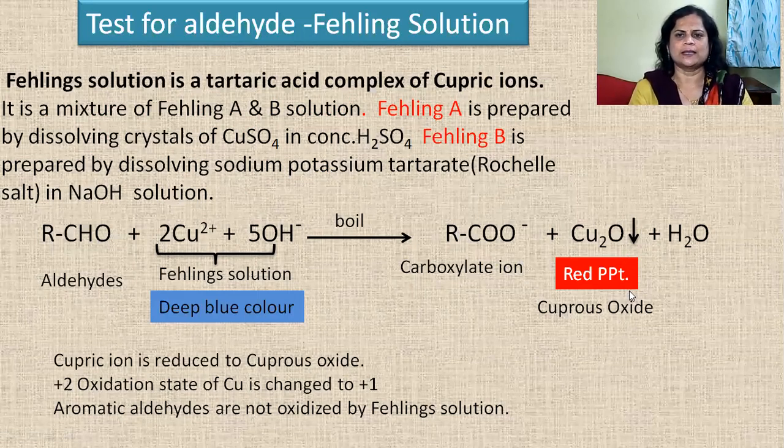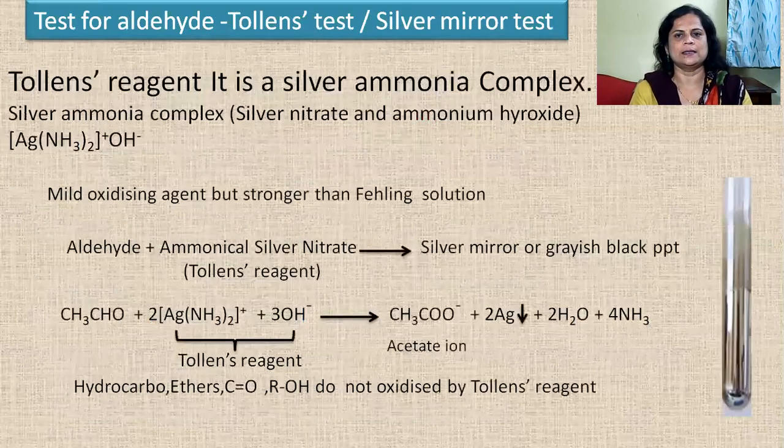Here the Cu2+ ion, the plus 2 oxidation state of copper, changes to the plus 1 oxidation state, and the observation is a red color. Aromatic aldehydes are not oxidized by Fehling solution, so the test is shown only by aliphatic aldehydes and not aromatic aldehydes.